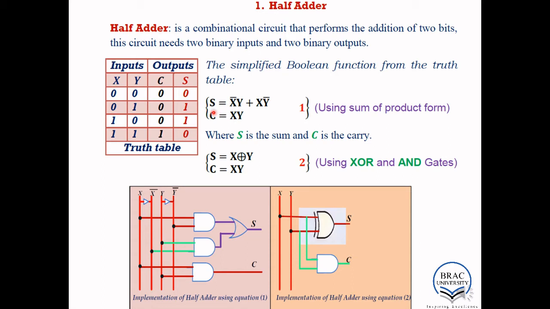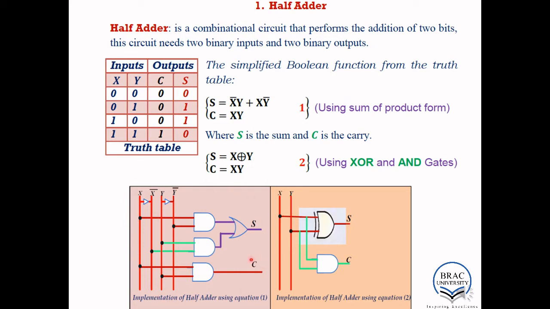Similarly for sum, when both inputs are 0, the output is 0, otherwise the output is 1, which is the truth table for an XOR gate. So you can write x prime y plus x y prime, or x XOR y. Both are correct, so you can represent it this way for equation 1.